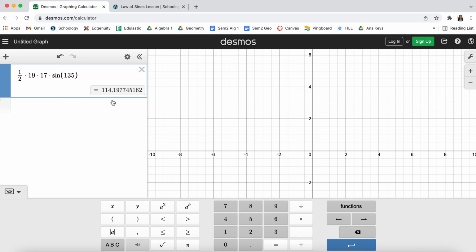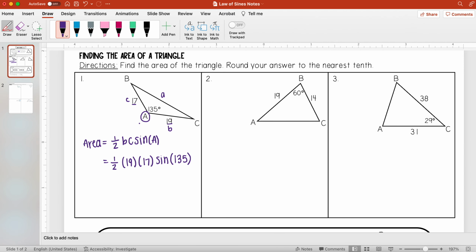I get that the area, rounding to the nearest tenth, is 114.2 units squared.